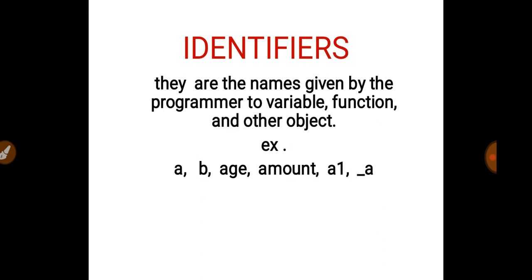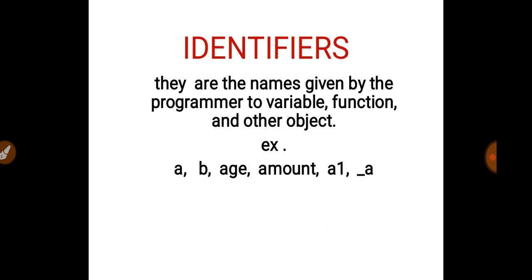And the identifiers are the names given by a programmer to the variable, functions, and the other objects. Whatever you declare from your side in the program becomes the identifiers, and we have seen some examples of identifiers like a, b, age, amount, a1, _a1.